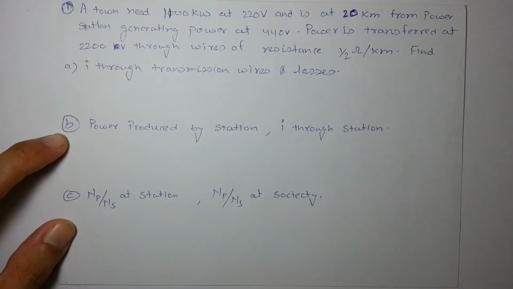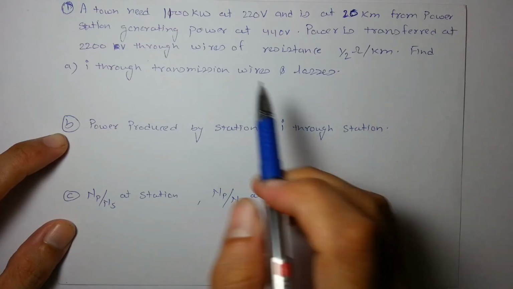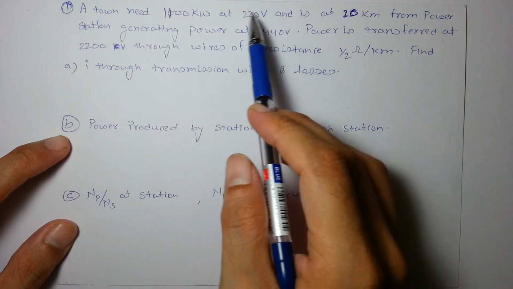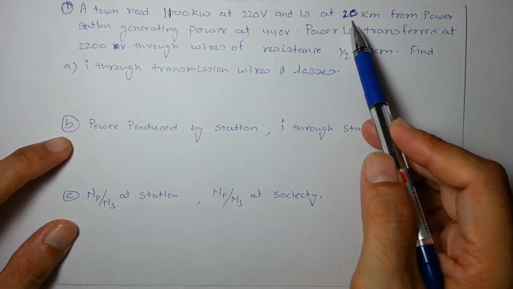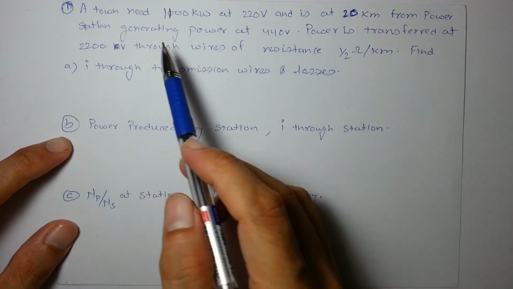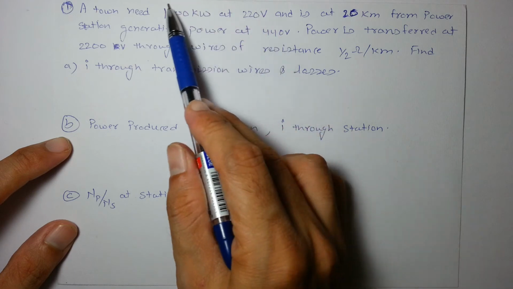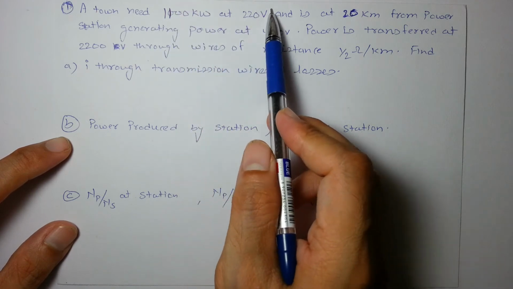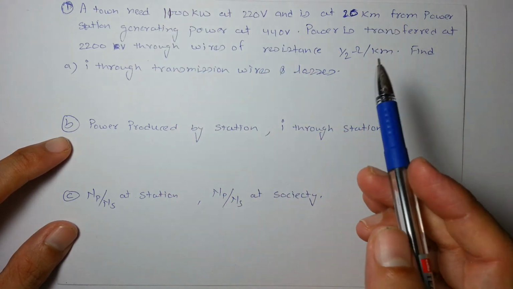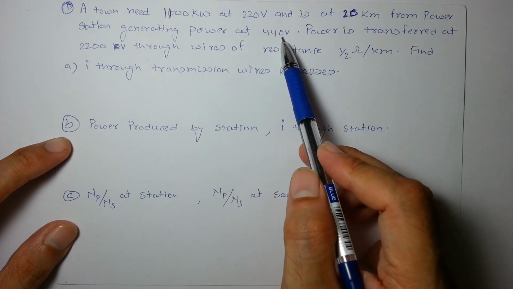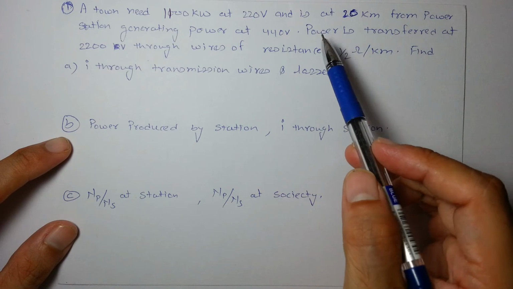Okay, in this question there is a town which needs 1100 kilowatt at 220 volt, and it is 20 kilometer from the power station. Okay, so we need the output power, that is what the town needs, so this should be the output. And the station is generating power at 440.